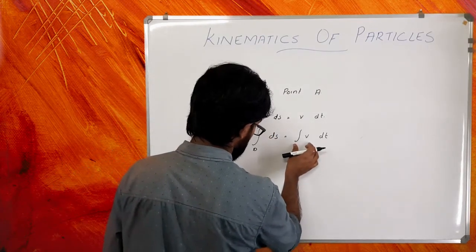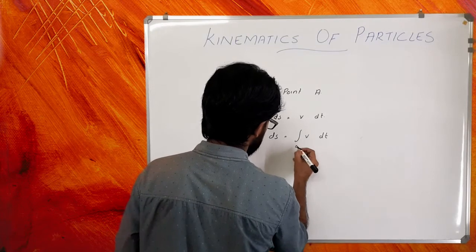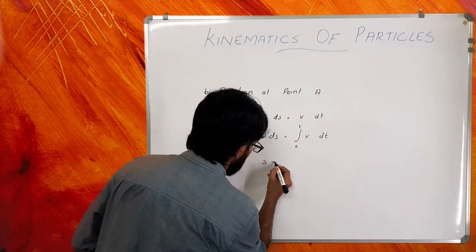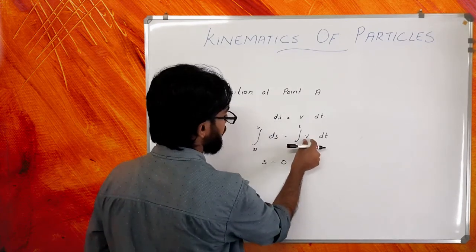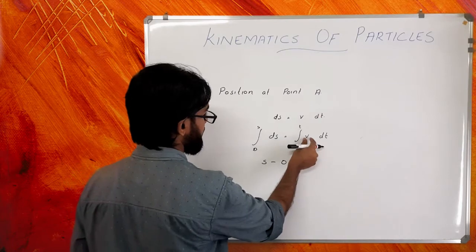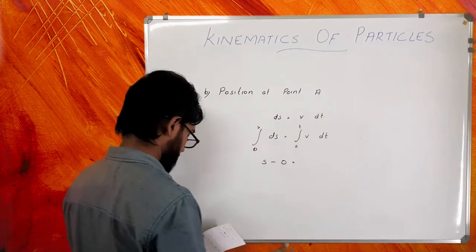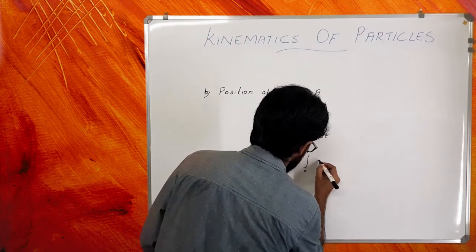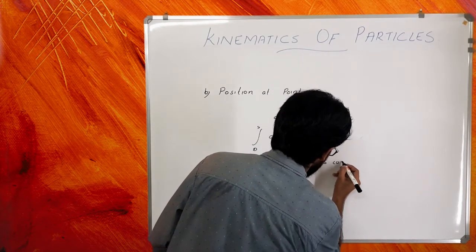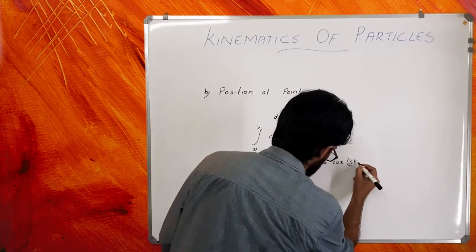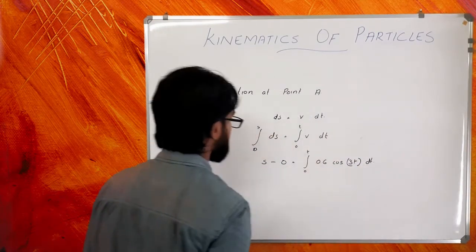On this side we have the lower value as 0 and upper value as t. Now s minus 0, here v is a function of time, as we had done in the earlier case. V is a function of time, so substituting that v here, we get 0.6 cos 3t dt.